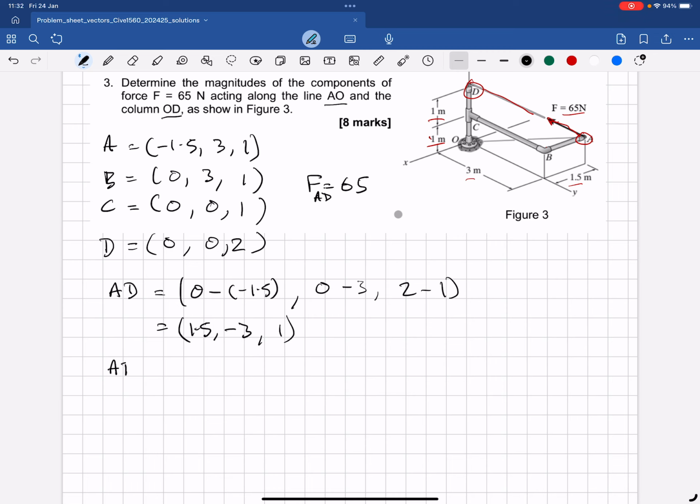The magnitude of AD, let's first get that because we're going to need it, is the square root of 1.5 squared plus minus 3 squared plus 1 squared, and that comes out to be 3.5.